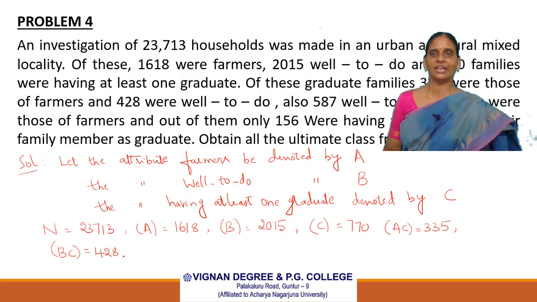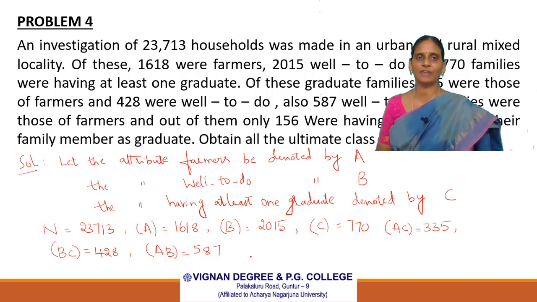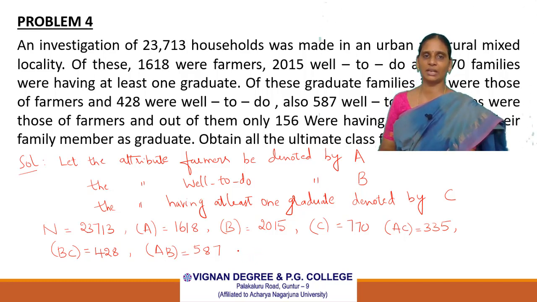Also, 587 well-to-do families were those of farmers. That means frequency of AB is 587. And out of them, only 156 were having at least one of their family member as graduate.